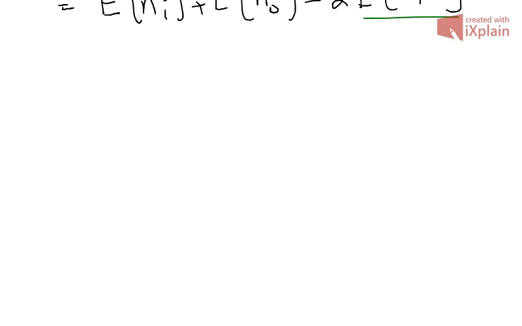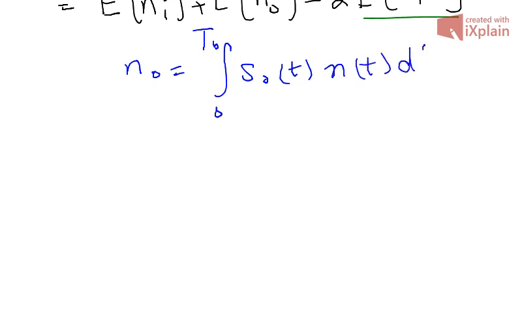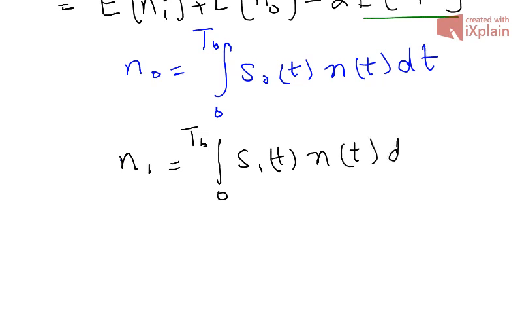So you are familiar with n0 and n1. In our previous lecture, we said that n0 is equal to the integral from 0 to Tb of s0 of t and the noise; this integral is n0, right? Similarly, we have the expression for n1, which is the integral from 0 to Tb of s1 of t and noise. This integral is n1.